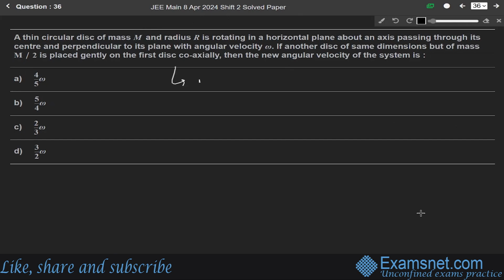So this is from the chapter of rotational motion. We have to find the new angular velocity. The first angular velocity is omega, and after that we have another disk of the same radius r but mass m by 2, placed on the first disk.